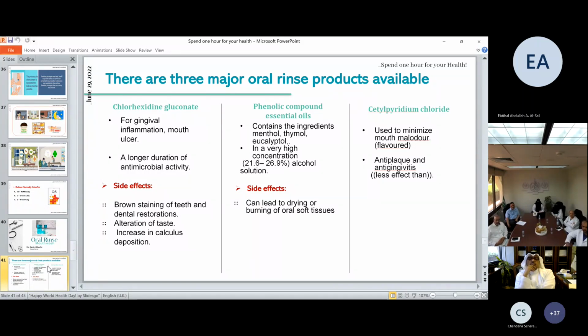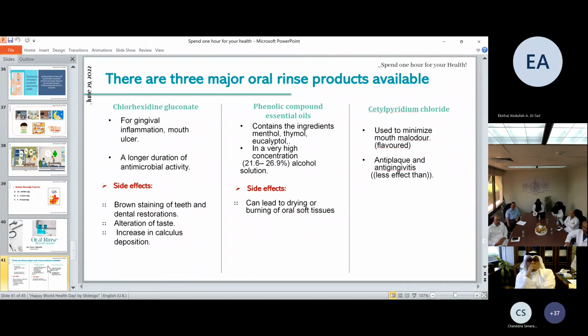The second type is phenolic compounds, which are called essential oils. They contain ingredients like menthol, thymol, and eucalyptus. Usually it's not available; sometimes it's available outside our country.